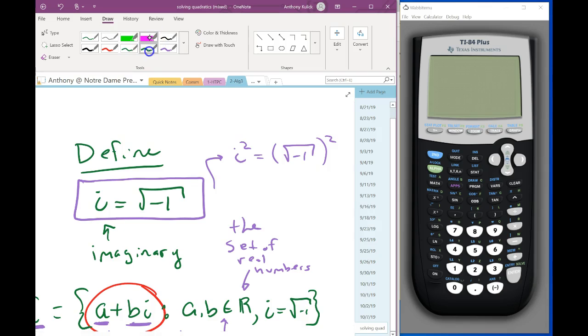And if I square a square root, those should cancel, and I'm left with negative 1. So I'm going to say that i squared is also equal to negative 1. Is everybody okay with that as being a direct consequence of our definition that i is equal to the square root of negative 1? Sure.